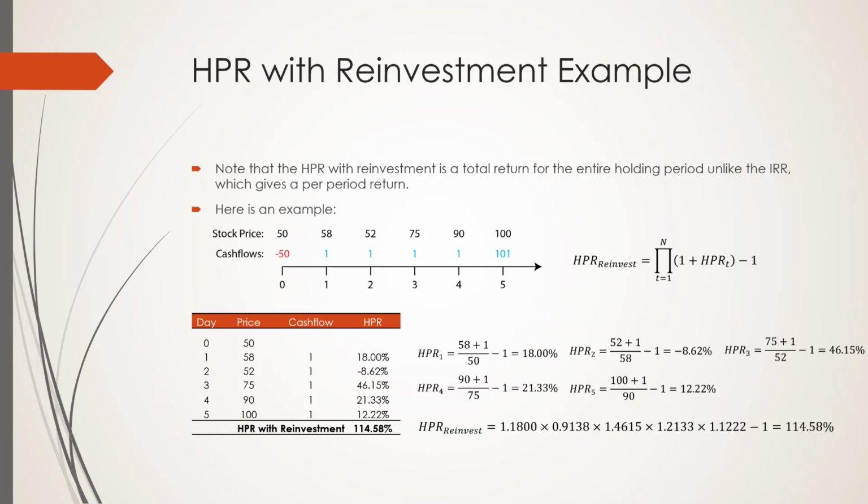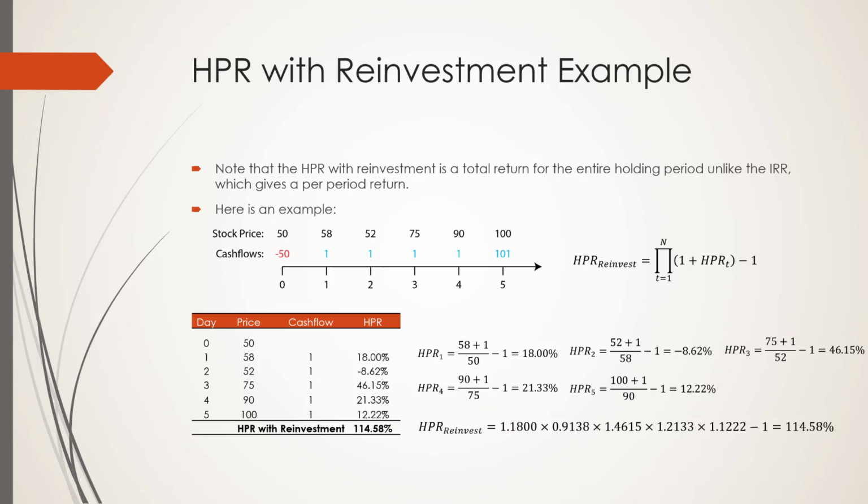Now, remember, the IRR was, I think, 16.42%. Remember, that's per year. This is a total for the 5 years, or I guess the table says days, but I think I said it was years. So this is 114.58% over that entire time frame, whereas the IRR was per year.